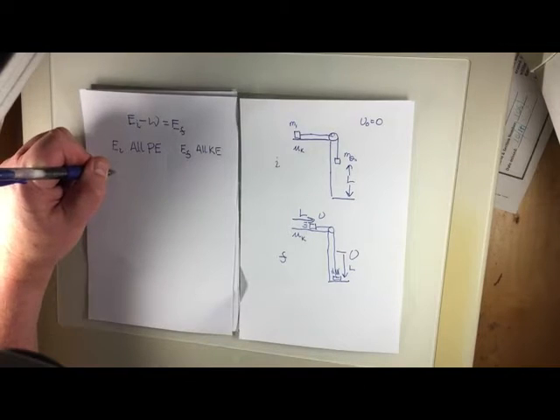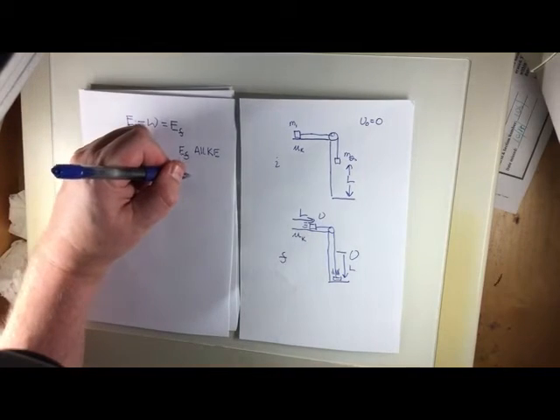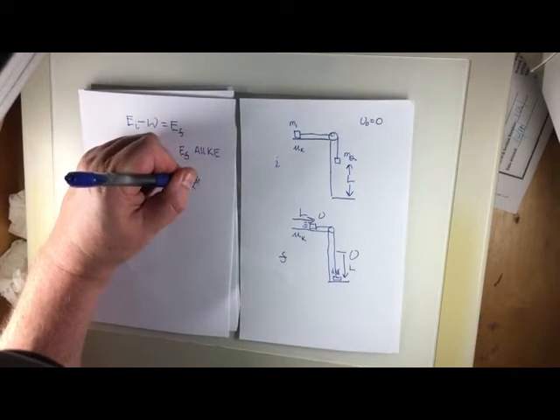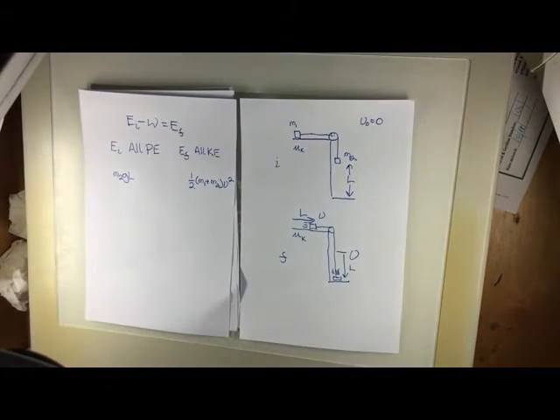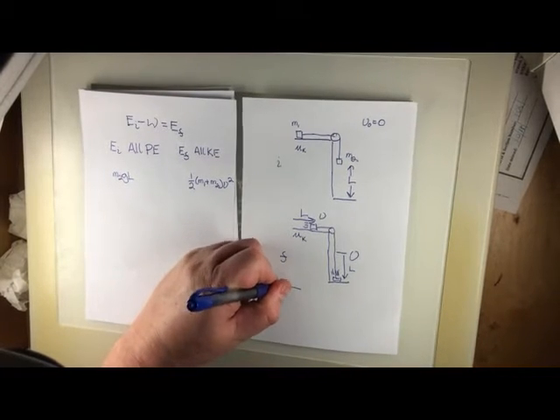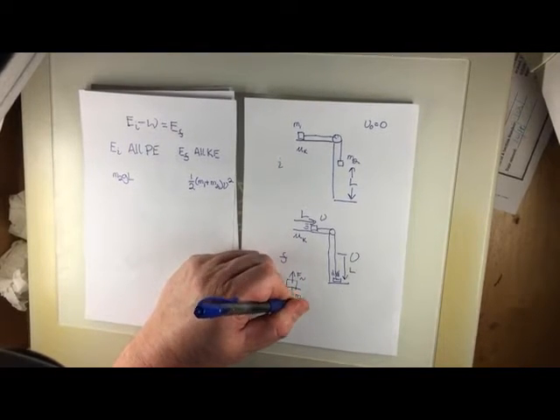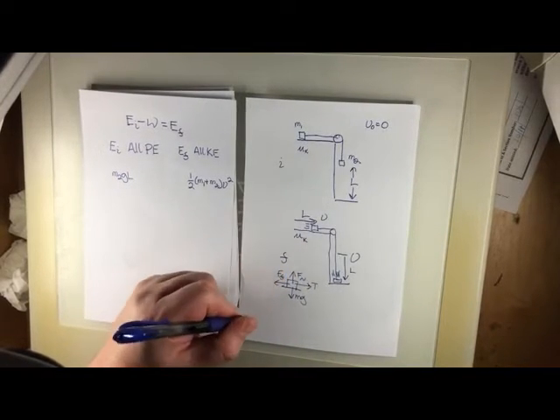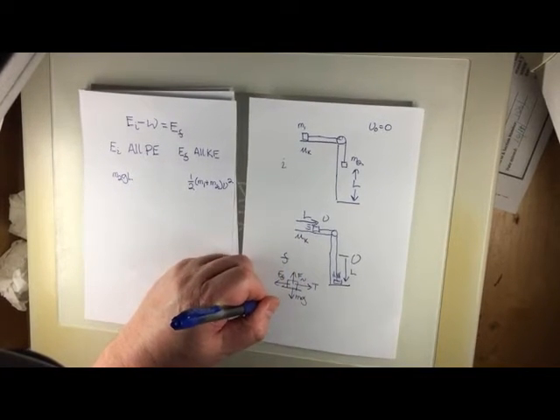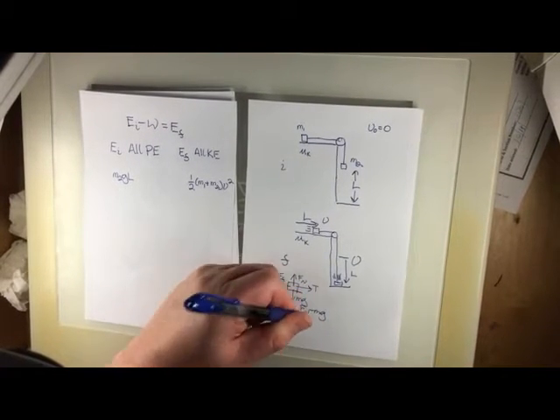So the initial energy is M2GL. The final kinetic energy is 1/2 (M1 plus M2) V squared. The energy removed through friction: we go through our usual mantra of sum of the forces vertically is equal to 0, which is Fn minus mg.